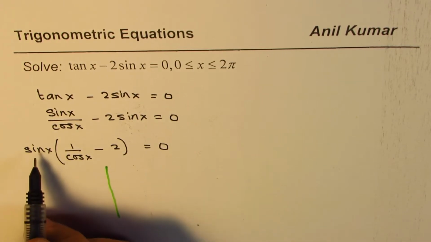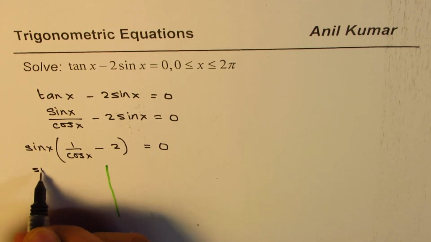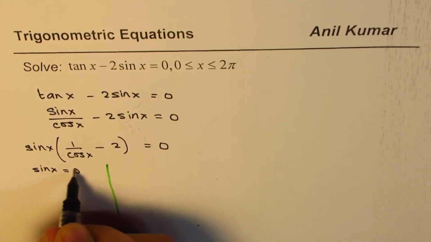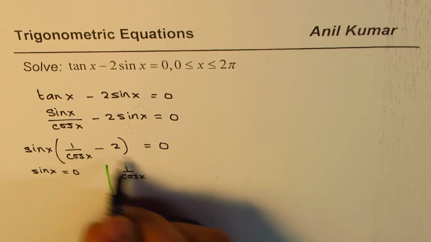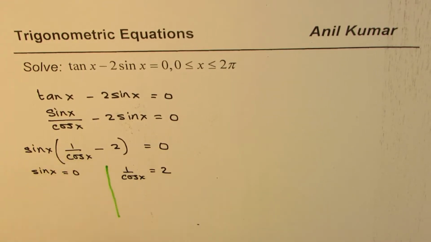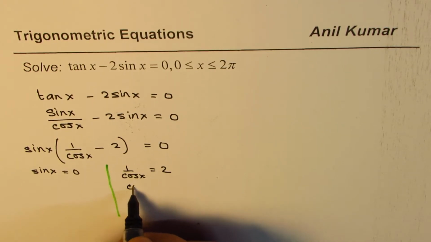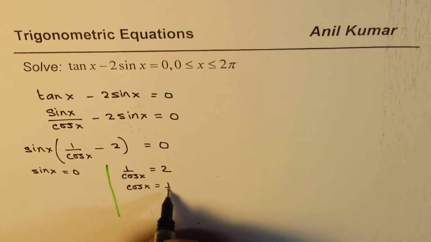One is sin x equals 0. The other one is 1 over cos x equal to 2, because that is going to give the second factor as 0. So that means cos x equals half, right?